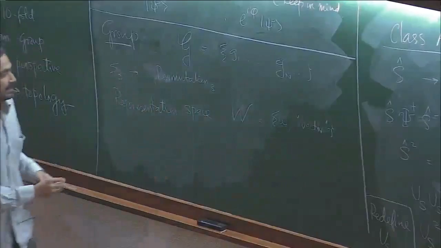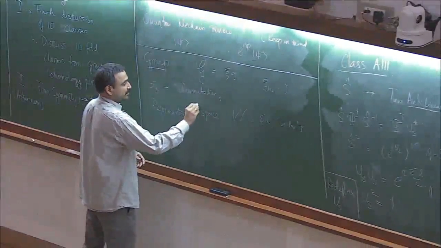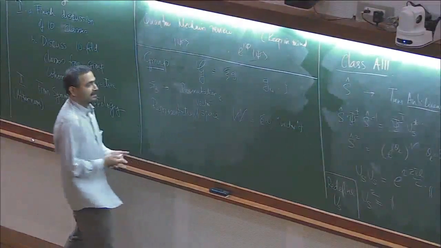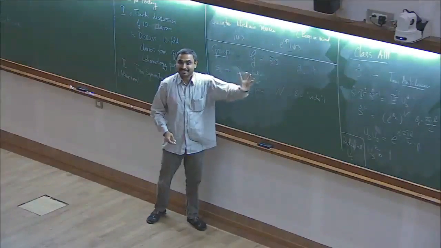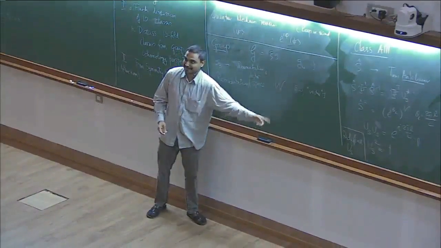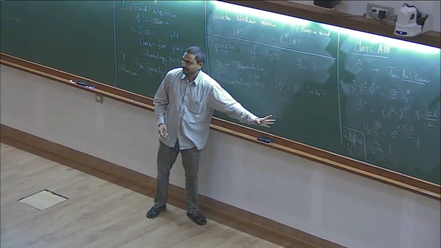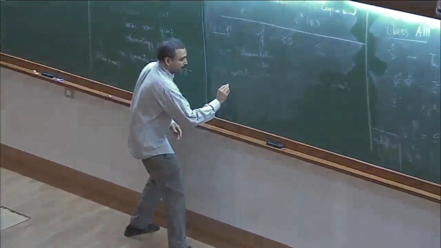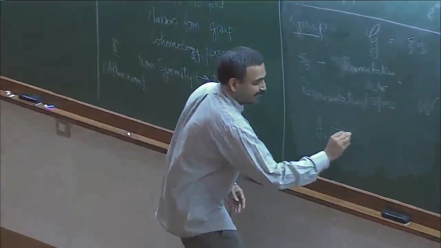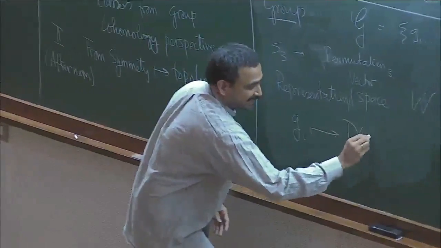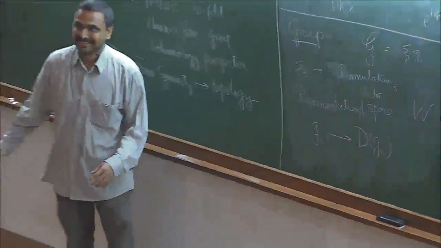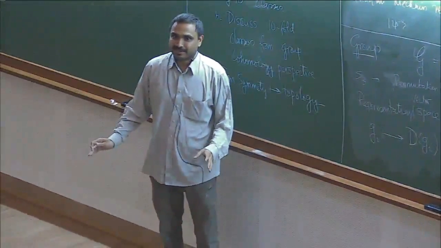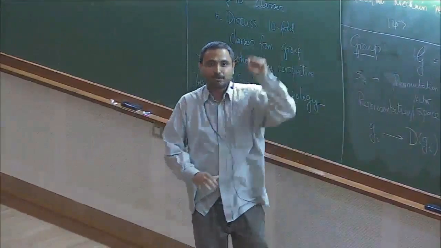And associated with each of these group elements, there is some kind of linear operator that will act on this vector space. So what I'm going to do is make a map from G, G goes to some matrix. So this acts on this. It will transform vectors. Every group element will transform vectors.